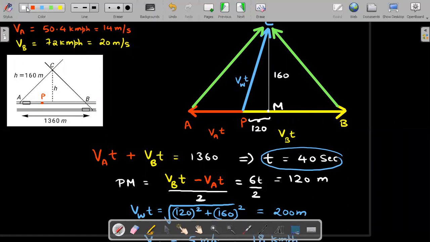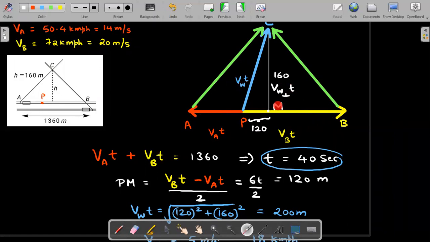So can I write this white line as VW perpendicular times T? And this VW perpendicular is independent of how fast the trains are moving.